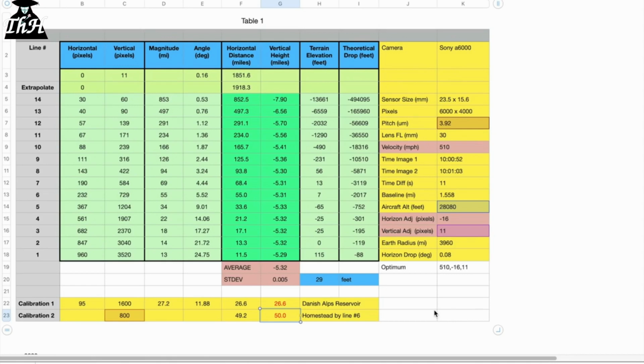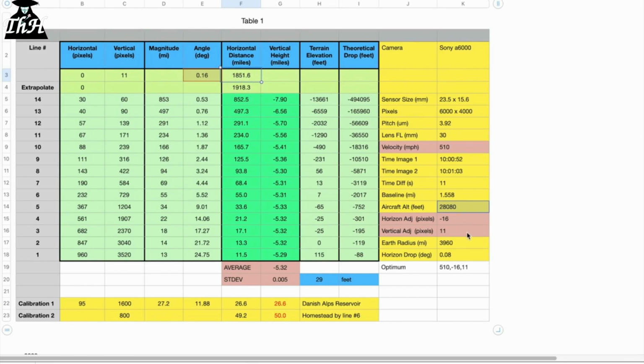Now there's two more equations at the top for the horizon, since I'm moving the pixels up. So there's the formula for it. It's based on the altitude, okay?